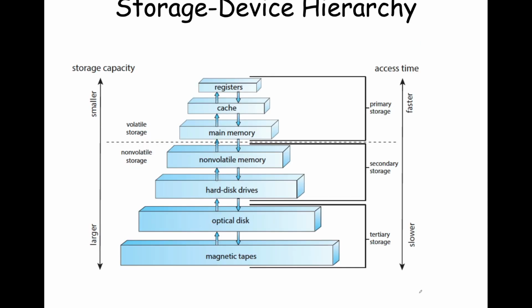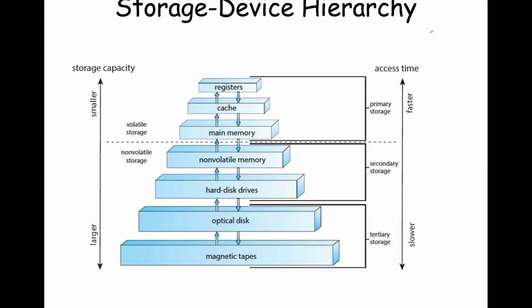Okay. So here's a nice picture from the book, a picture of the storage hierarchy. At the top here, we have volatile storage, the storage for which, when you cycle off the power, all of that information disappears. We have the registers inside of the CPU, the register file.